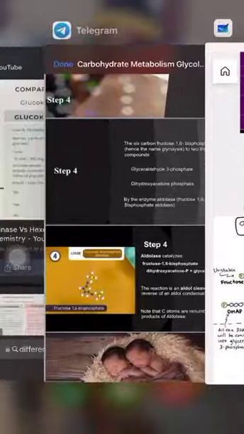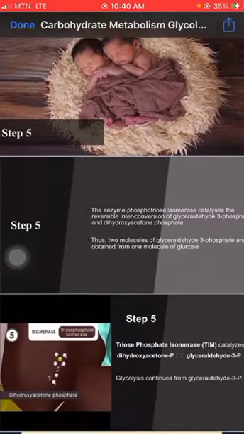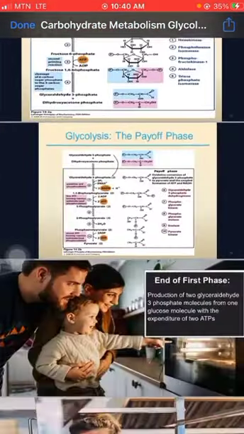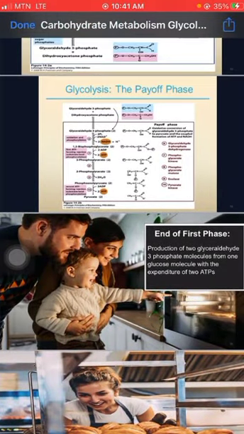So now let's move to step 6. Step 6 is the payoff phase. The payoff phase starts from step 6 to step 10. And I say in the payoff phase, we are going to gain 4 molecules of ATP and 2 molecules of NADH.